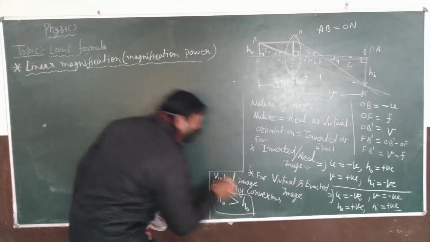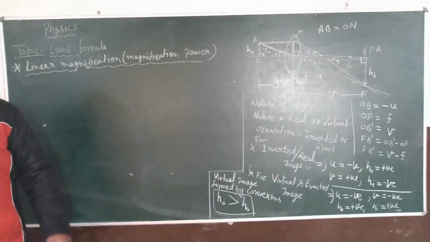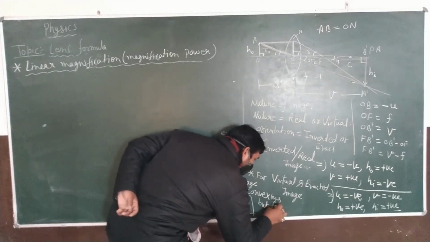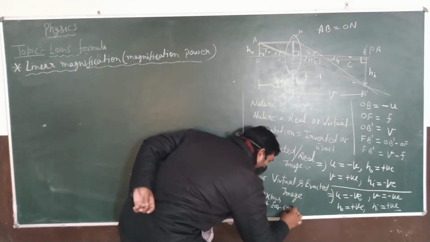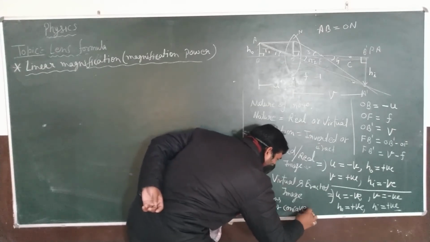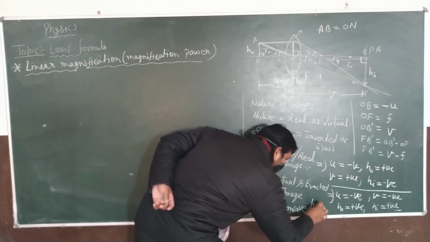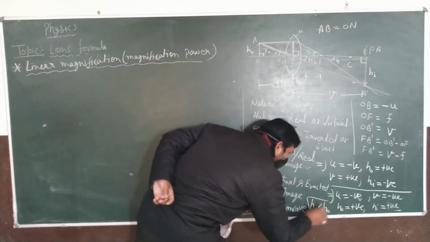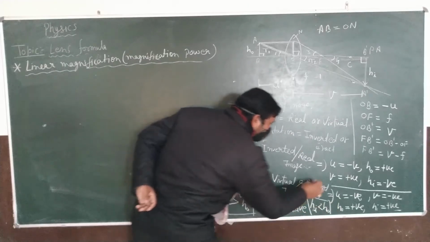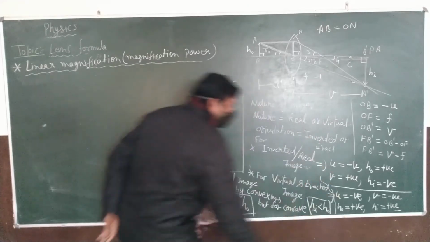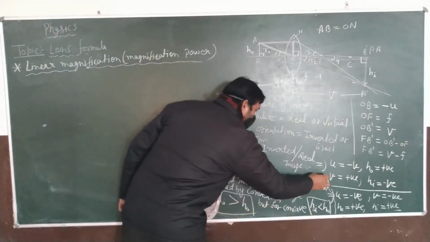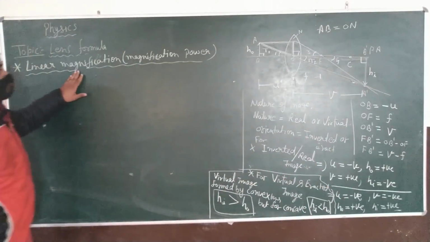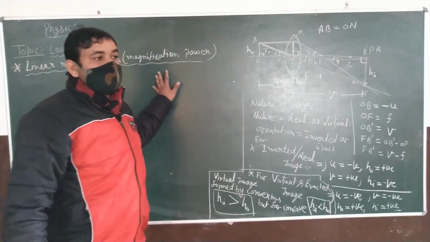This is most important. Okay, but for concave, HI is smaller than HO. Just understand.